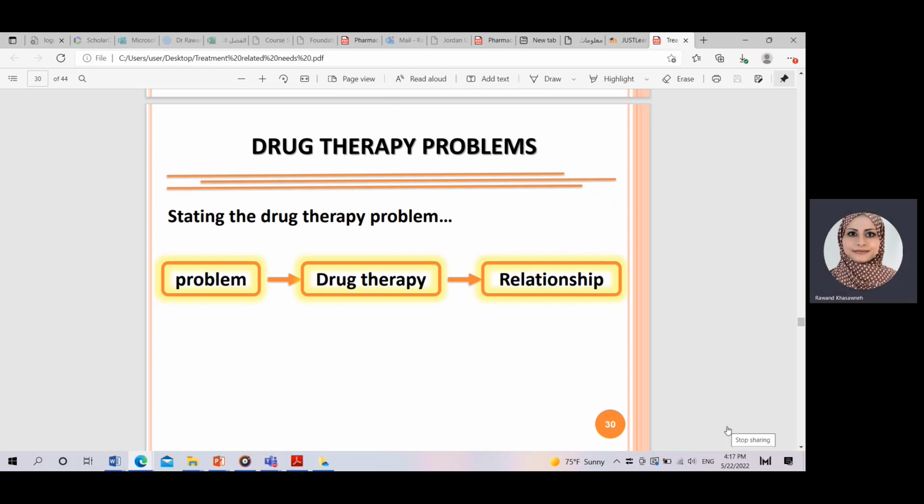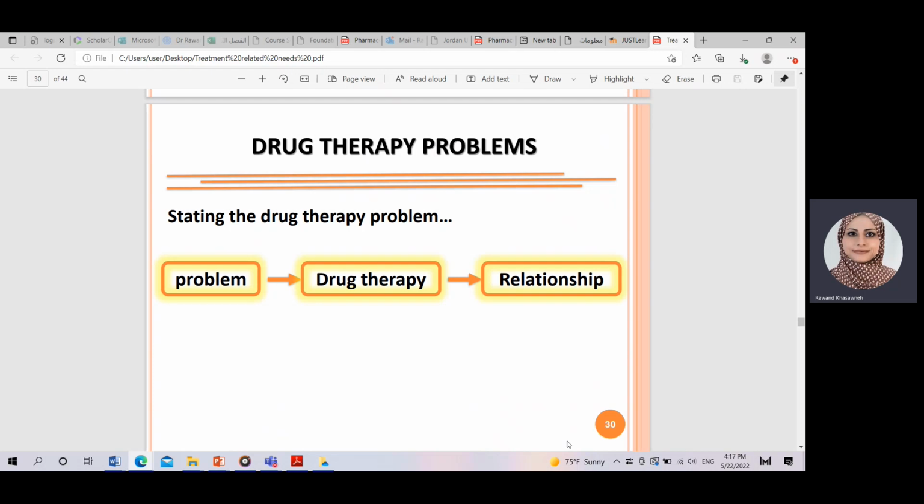Other terms that can be used interchangeably with drug-related problems include medication-related problems, pharmaceutical care issue, and medical problem. Some people use medication error to refer to the drug-related problem, but as we will discuss in the next few slides, DTPs are not a synonym for medication error, since medication errors focus on the prescribing and dispensing accuracy of the medications.